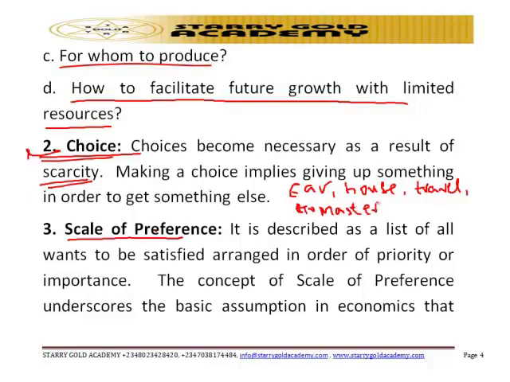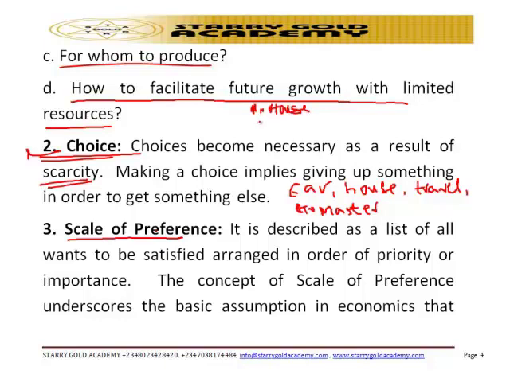By preparing a scale of preference, I have to prioritize these according to their order of priority. So for instance, for me, let me say the first most important one is to get the house.